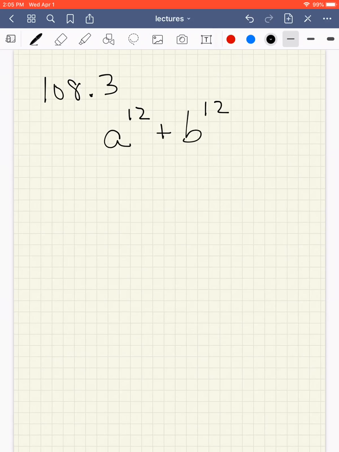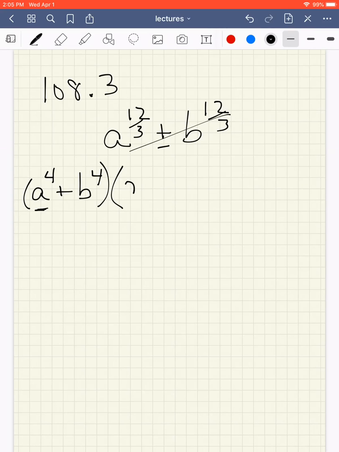Okay, so remember we look to see if it's a perfect cube. Yes, 12 is divisible by 3. So yes, those are both perfect cubes. So here we go. A to the 12 divided by 3 is 4. That's a plus, so this is a plus. B to the 12 divided by 3 is 4. Okay, forget about that. This squared is a to the what?